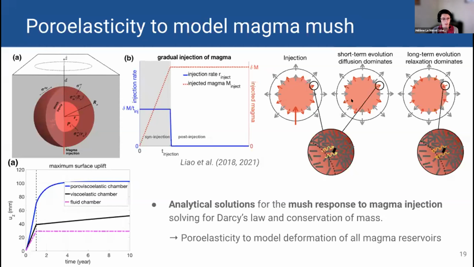Okay, so we are working on pursuing this work and extending the applications of these models using numerical FEM models to be able to have more complex crustal rheologies and magma chamber geometries.